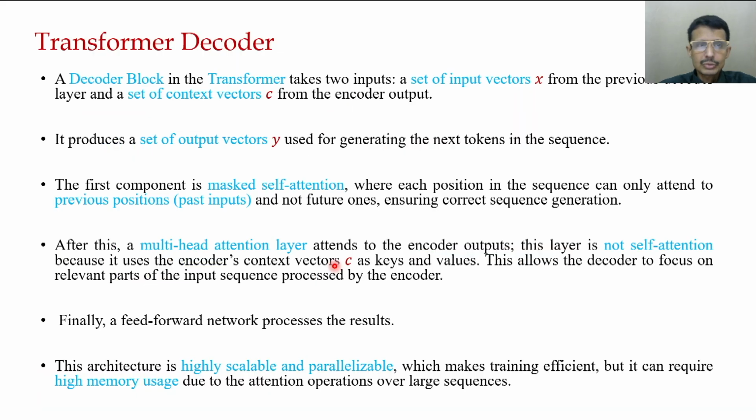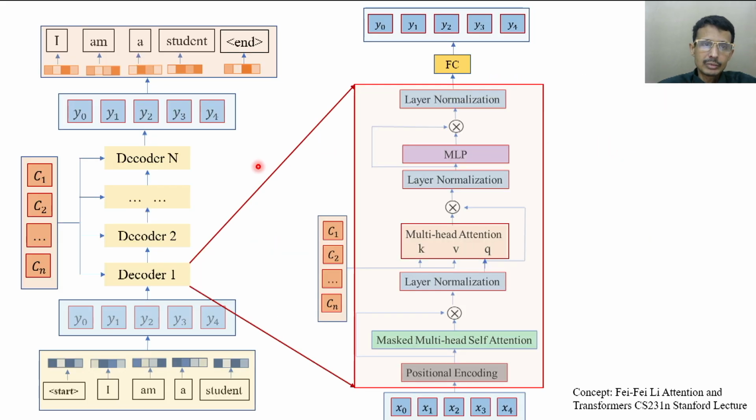Then it produces a set of output vectors y used for generating the next tokens in the sequence. Here you can see these generate tokens that go to the next decoder and so on.